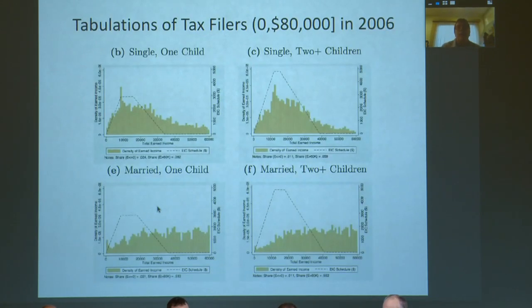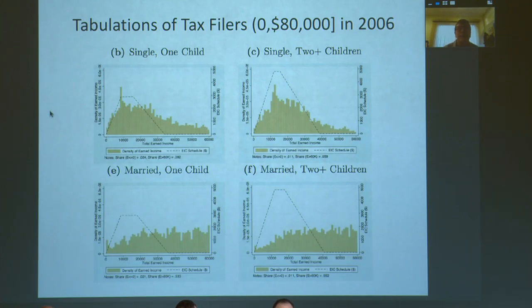So these charts show you for these different groups, so singles with one child, singles with 2 or more children, because the credit is much more generous for those with 2 or more children, married and married with 2 or more children. And these are histograms for all tax filers, not for people on the EITC, but for all tax filers.